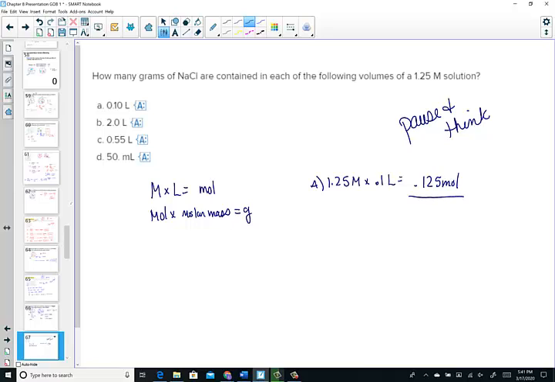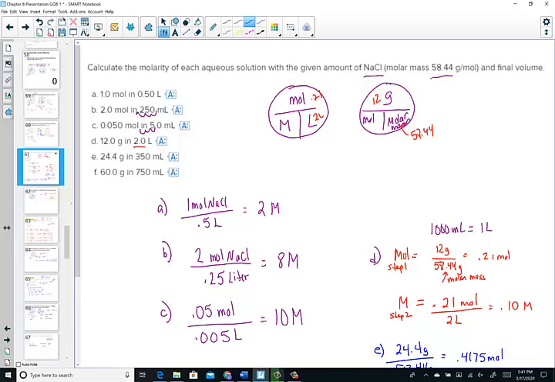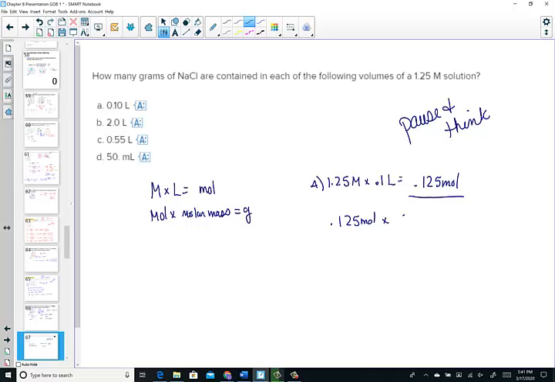Step 2, 0.125 moles times the molar mass of sodium chloride. And didn't we just keep using that over and over a little bit ago? 58.44. It sounds so familiar. I'm going to go back and grab that. 58.44. 0.125 times that formula weight of 58.44. And did you find 7.305? We'll say 7.3 grams of sodium chloride.